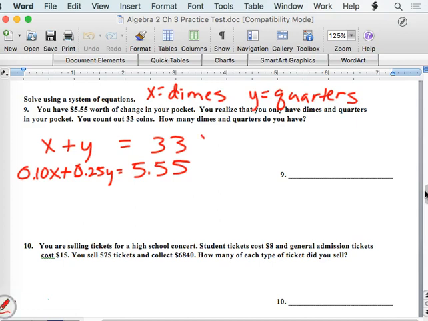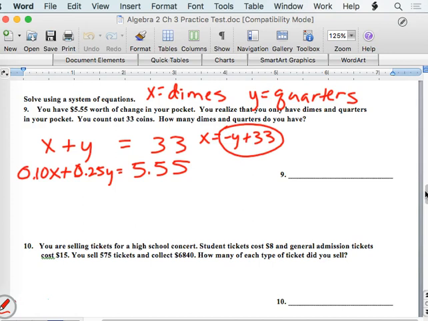So X will be negative Y plus 33 or 33 minus Y. Makes no difference. So we've got X by itself. Now what do I have to do with that? That's called substitution. We're going to put it into where? The equation we haven't used yet.